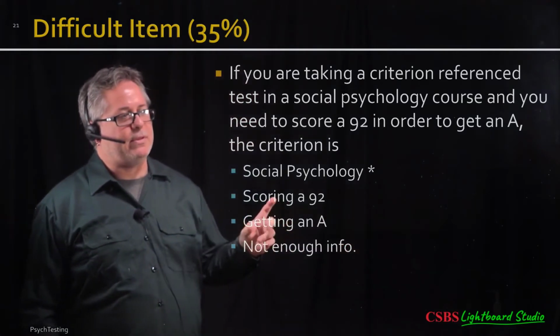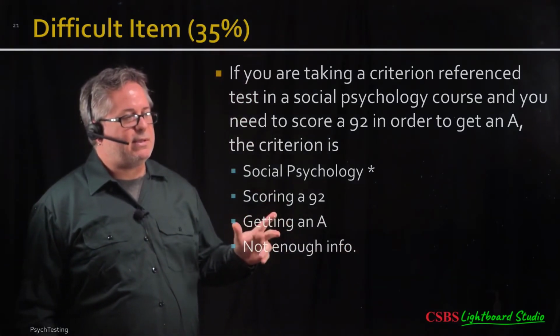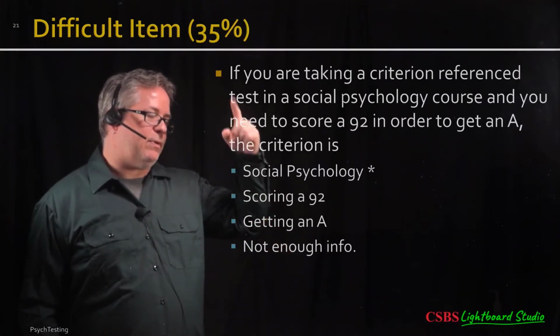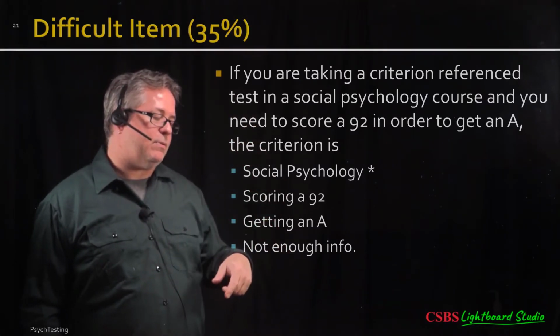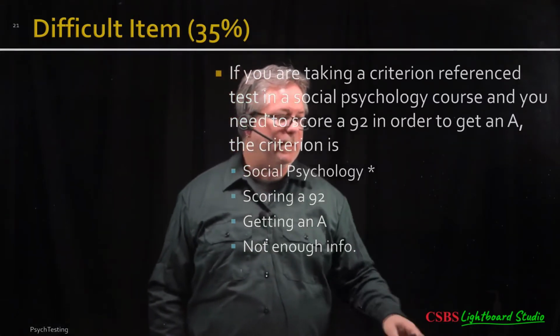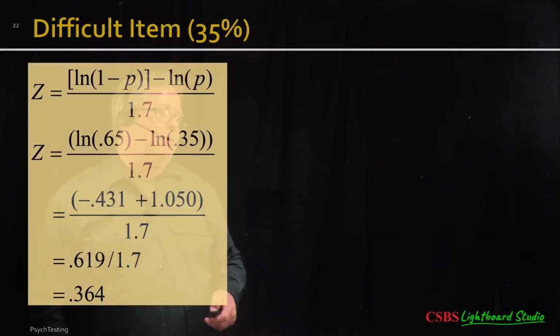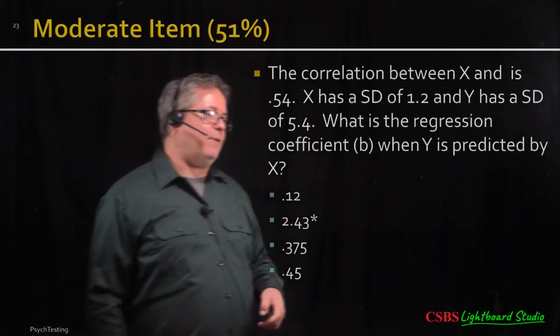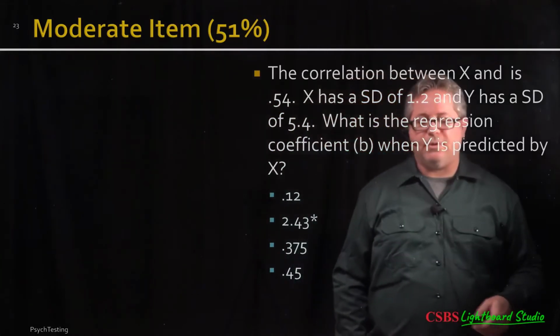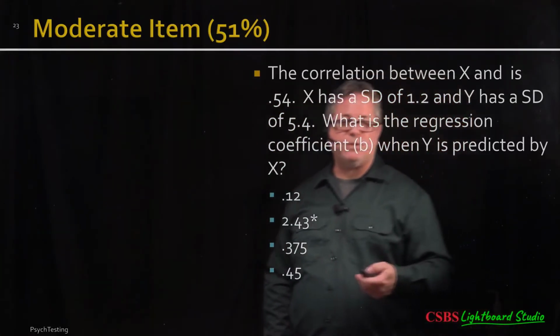It's only going to help me with 10% of the class. It's not super informative. So 35% is a pretty good difficult item. It's not too difficult, but still on the difficult side. As you go up to a 0.5 item, as the probability has gone up, it's an easier question.